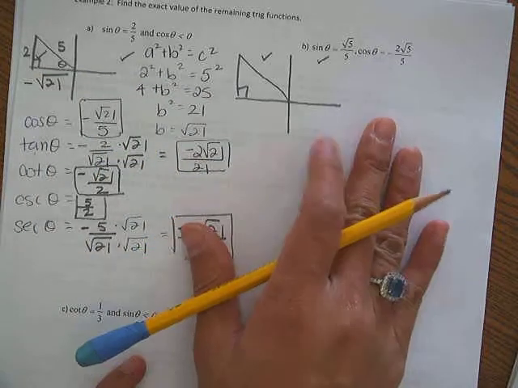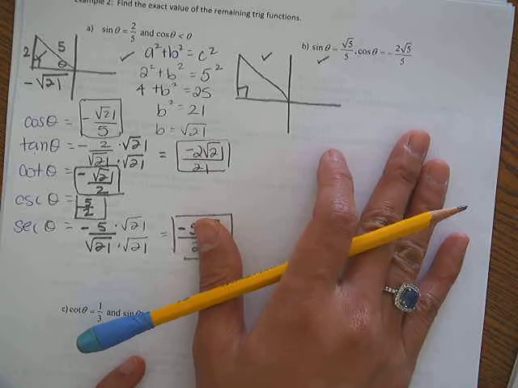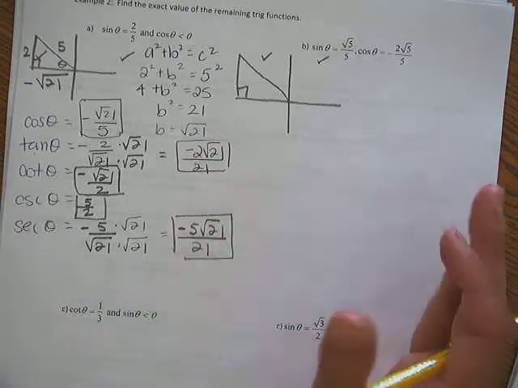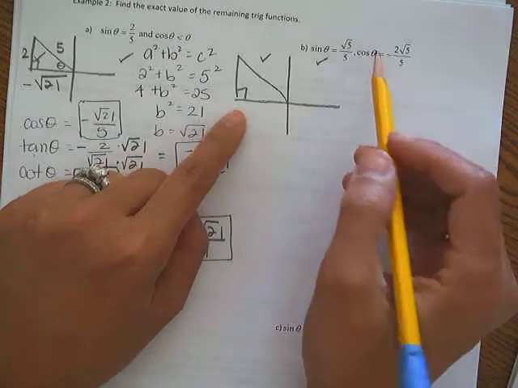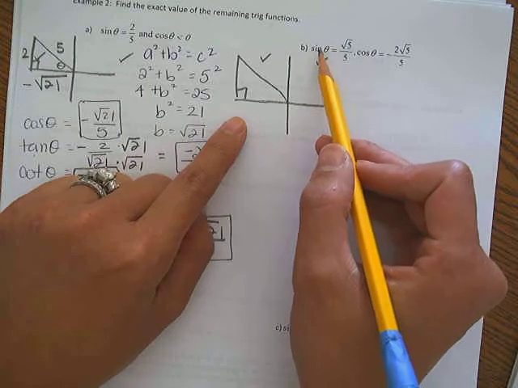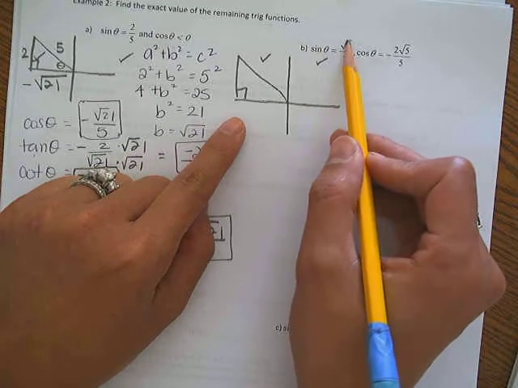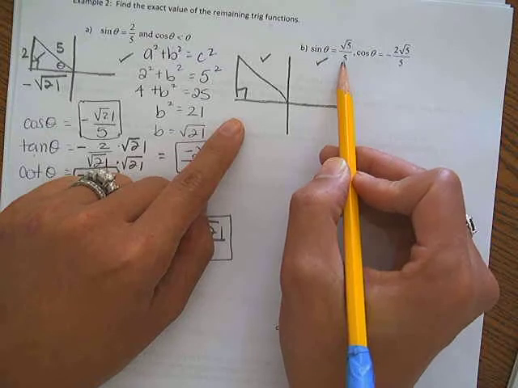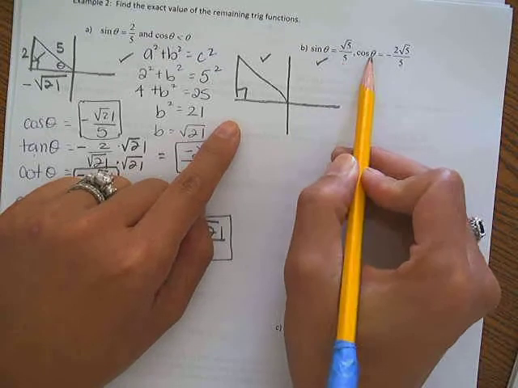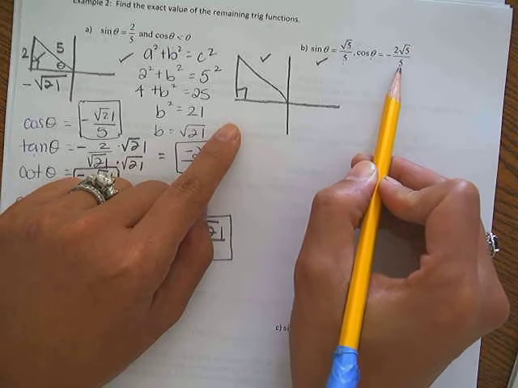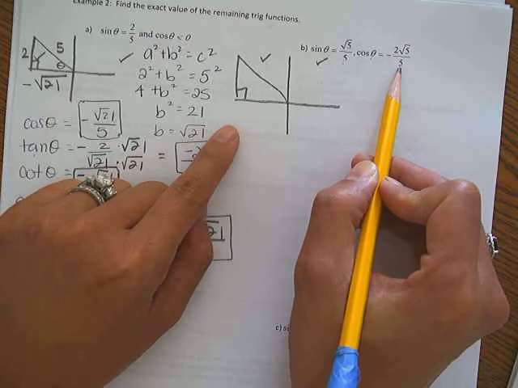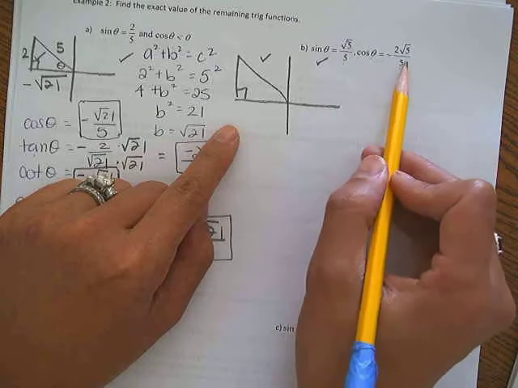Well, you can attack this in a couple of different ways, okay? And I'm probably going to show you both ways. Would you agree that sine is going to be opposite over hypotenuse, and cosine is going to be adjacent over hypotenuse? Okay, if you believe that's true, then let's talk about what your hypotenuse needs to be.